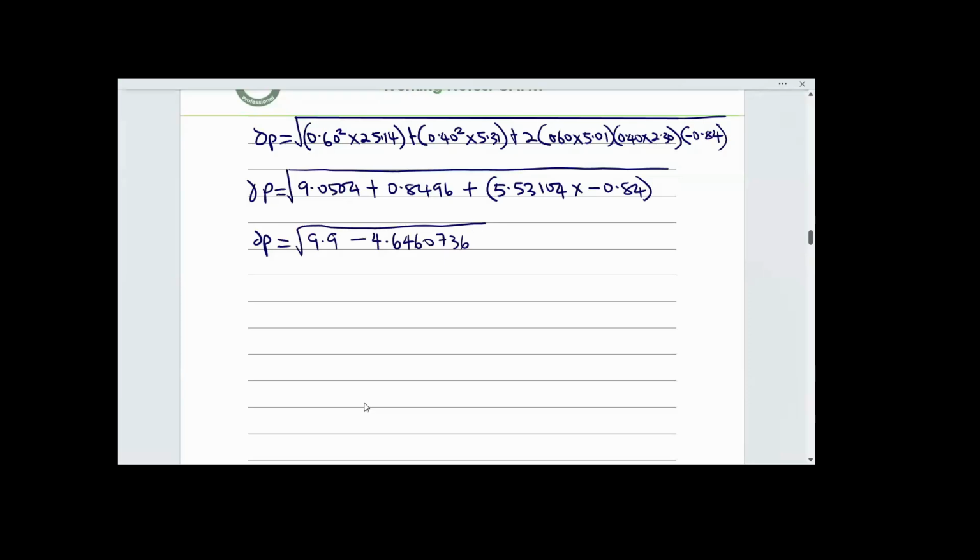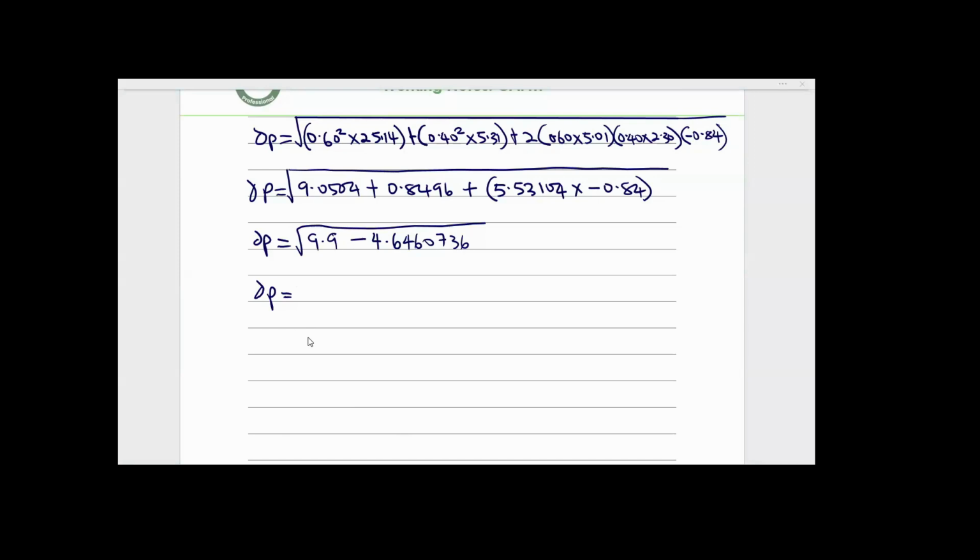So this one will be equal to plus 9.9. Oh, error. Okay, let me start all over.